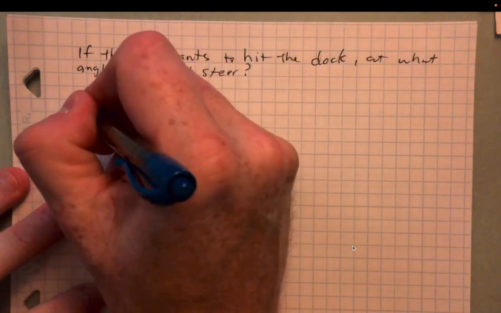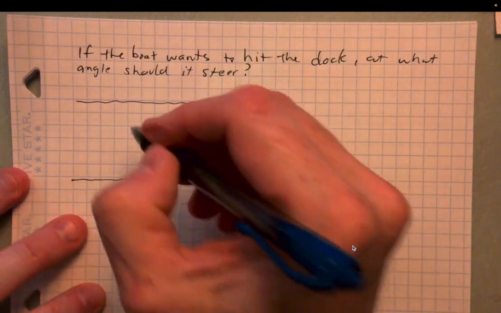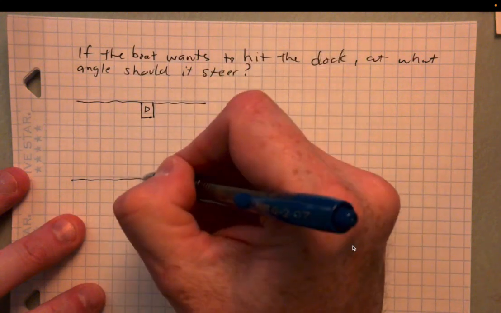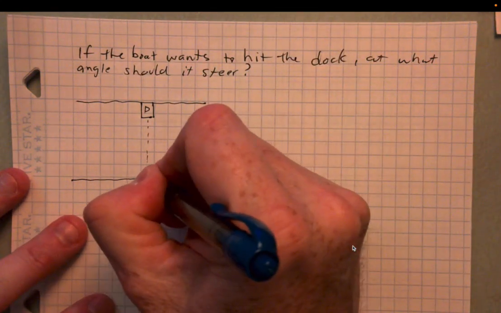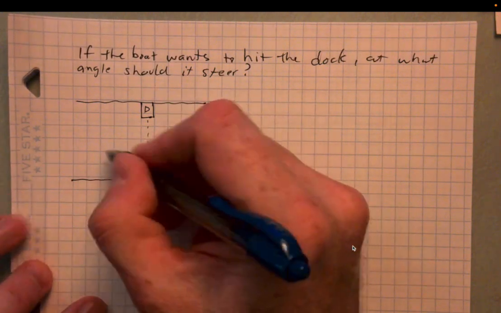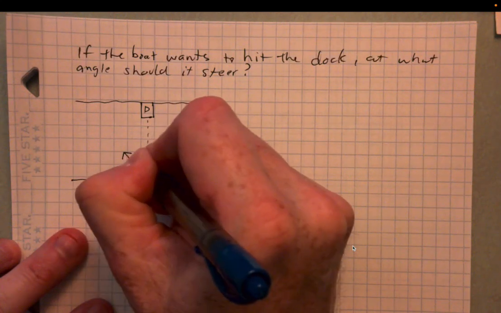So basically, if you have the river here, and here's the dock, and you're starting opposite the dock, here's the straight line across the river. If you're starting here, you're going to want to angle that 5 meters per second upstream somewhat, right?